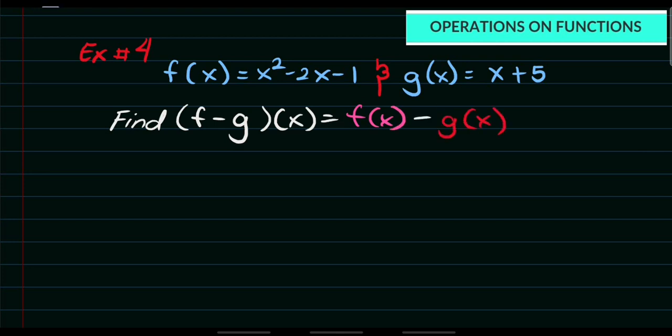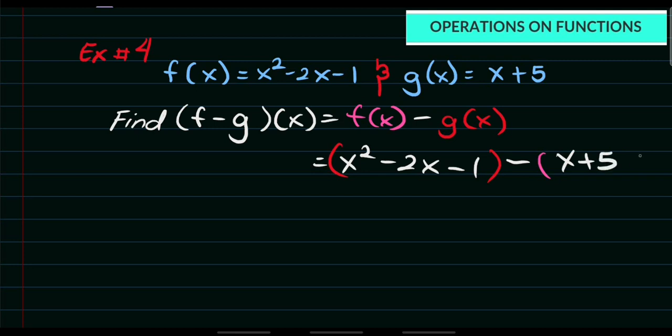So be careful with the arrangement of the letters. Whoever is mentioned first is written first in our equation. So the function f of x is x squared minus 2x minus 1, and we subtract from it our second function, x plus 5.